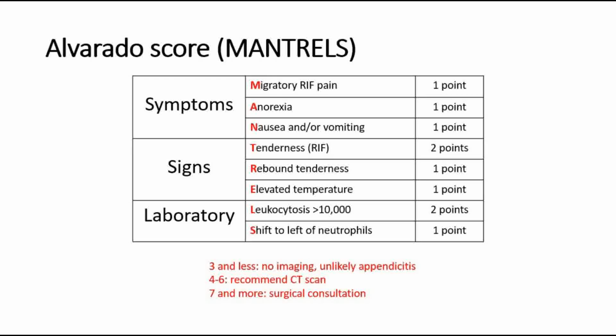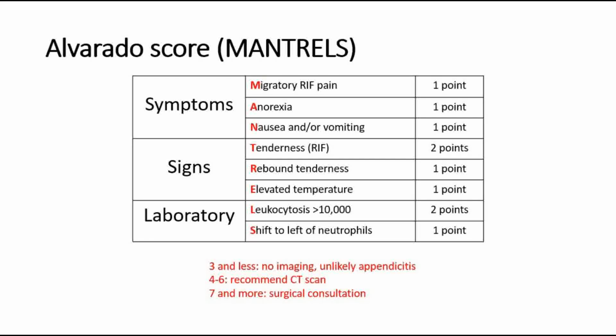Next is the Alvarado score, which can be easily memorized by using the mnemonic MANTRELS. This Alvarado score is important to help in the diagnosis of acute appendicitis. It is divided into 3 groups, which are symptoms, signs, and laboratory results. For symptoms, there are 3, which are migratory right iliac fossa pain, anorexia, and nausea or vomiting.